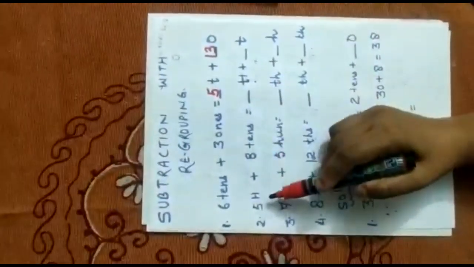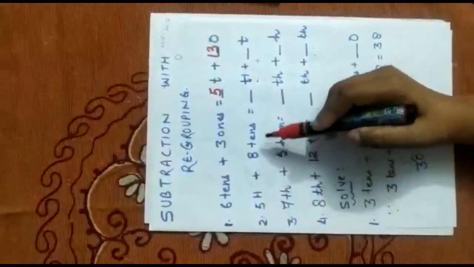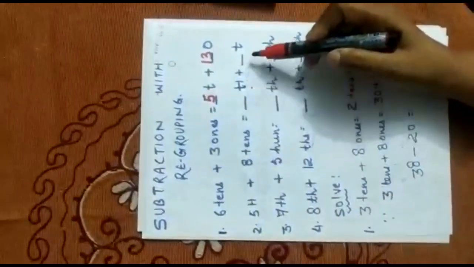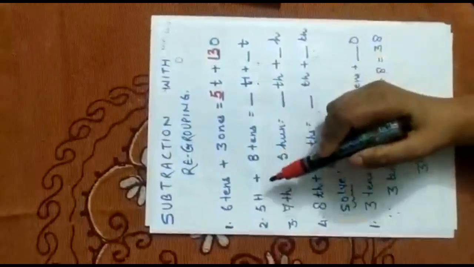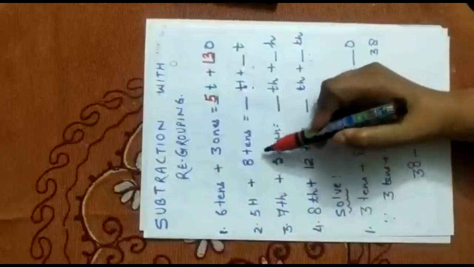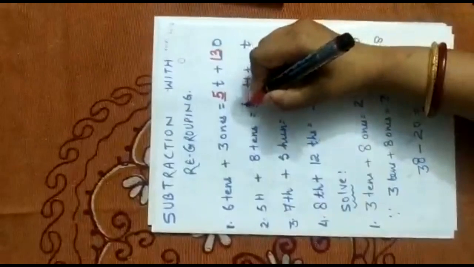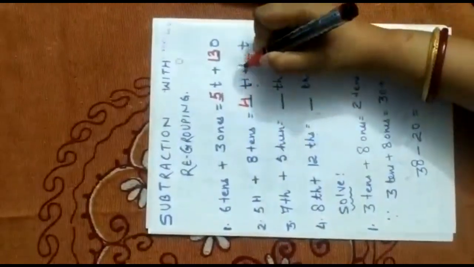Now come to 500. 500 plus 8 tens is equal to how many hundreds plus how many tens? So we can write 500 and 8 tens as 400 plus 18 tens, right? So here I will write 400 and 18 tens.